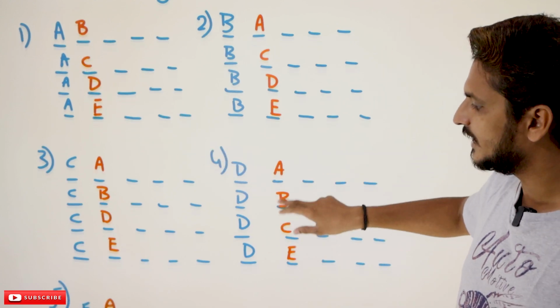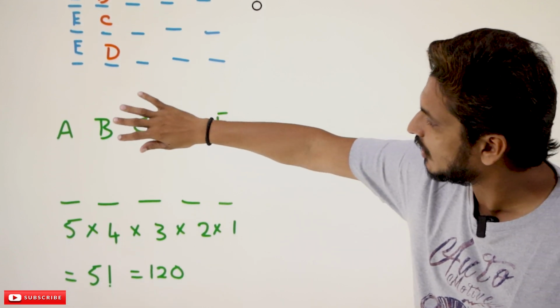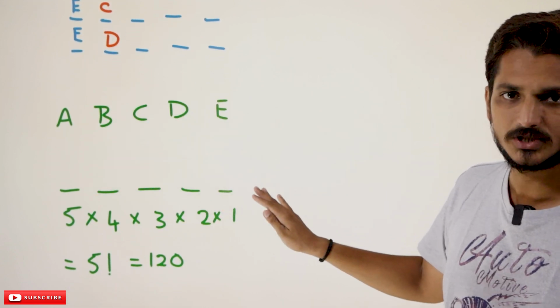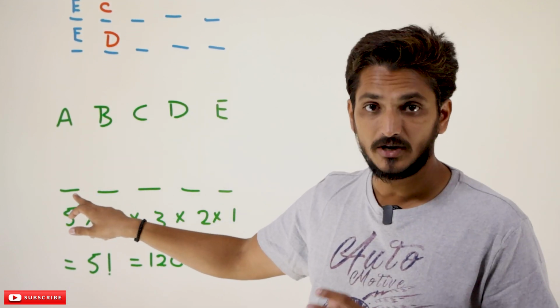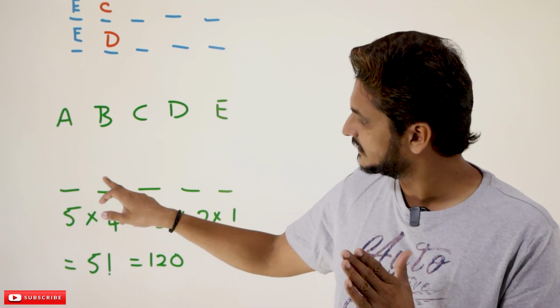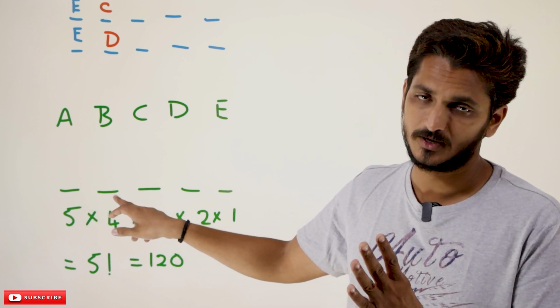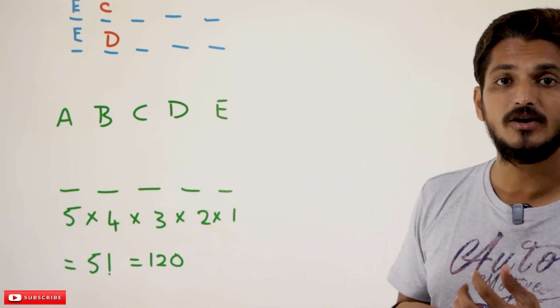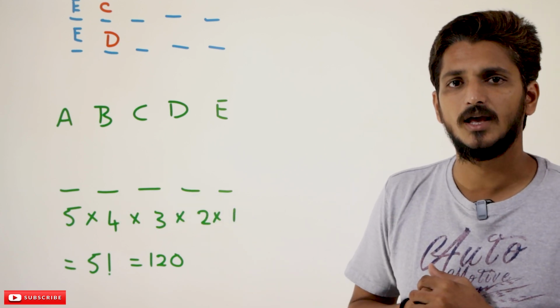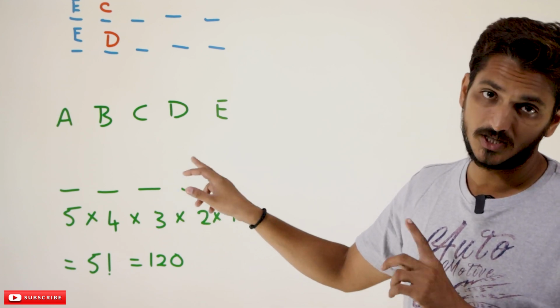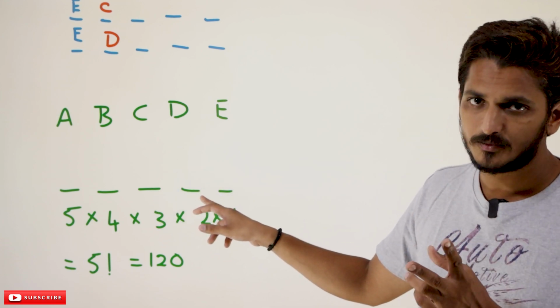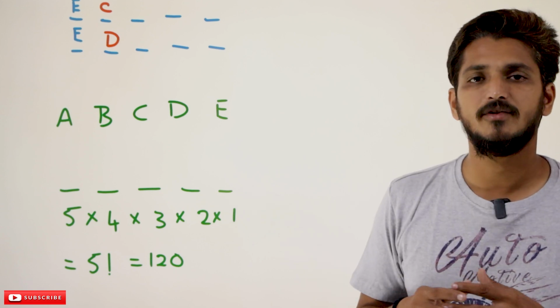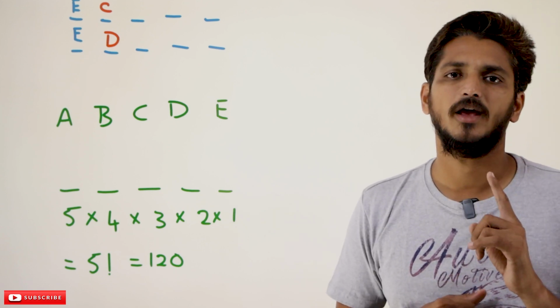Now coming to the complete equation. If you want to fill these 5 alphabets in 5 different positions, the first position can be filled with 5 different possibilities, the second position with 4. Once you fill the second position, the third position can be filled with 3 possibilities. The fourth position can be filled with 2 possibilities, and for the final position you have only 1 possible way.